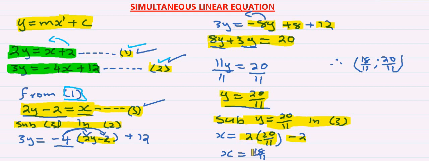Then when you punch it on your calculator, you get 18 over 11. Then we said, what does this mean? It means our graphs will intersect at this point when you draw the two functions, which is 18 over 11 and 20 over 11.